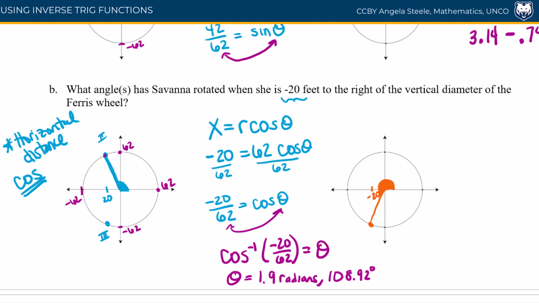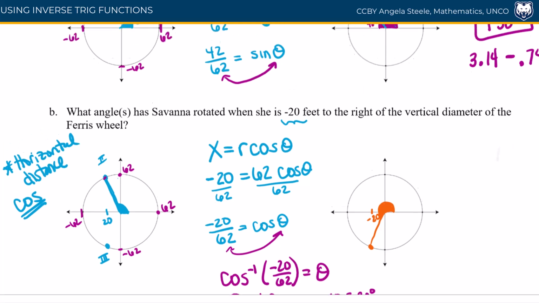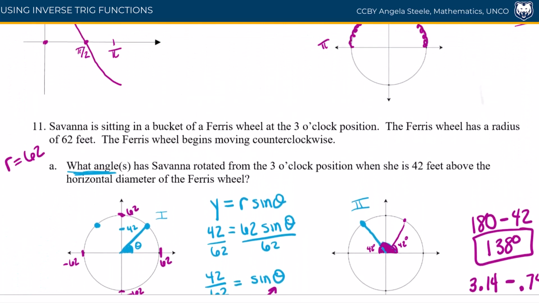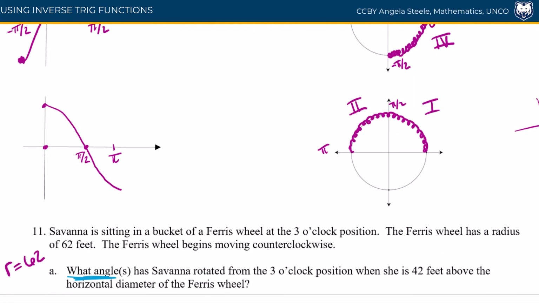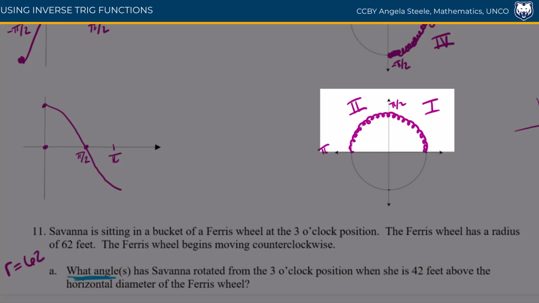Okay, so if we go back to when we referred to domains, we said that our cosine function, we're going to restrict between 0 and pi, which means that the calculator is going to be giving us angles that exist in quadrants 1 or in quadrant 2. But this point right now is going to be in quadrant 3.